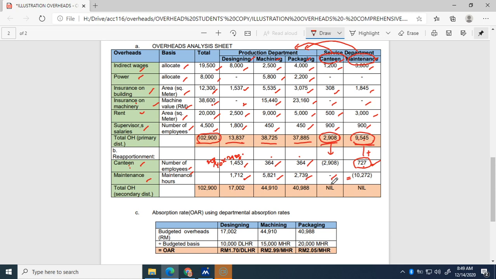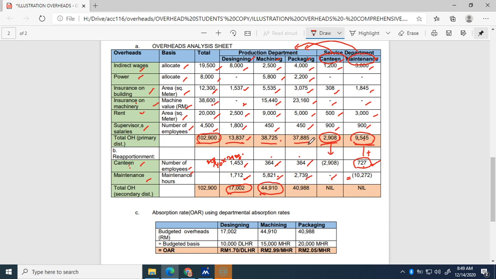Okay, now we can total up. When we total up for designing, we total up from the primary distribution plus receipt from canteen plus receipt from maintenance. So now the total overhead is 17,002 for designing. Machining, we have 38,725 plus 364 plus 5,821. So the total overhead for machining is 44,910.